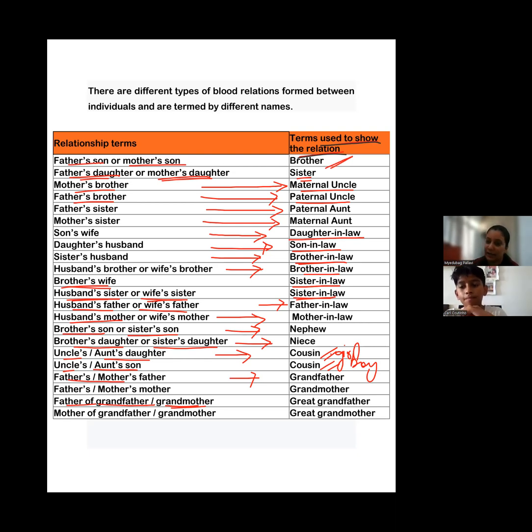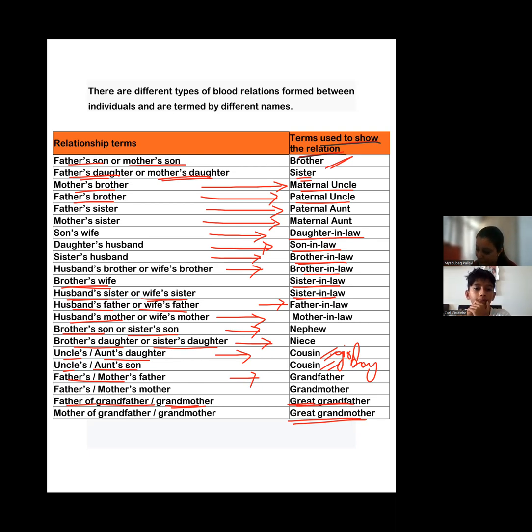Then our grandfather and grandmother will be the third generation, and this will be the fourth generation. Father of our grandfather or grandmother will be great grandfather or great grandmother. Is this much clear? So we can use this table whenever we are solving questions if we get confused in between.